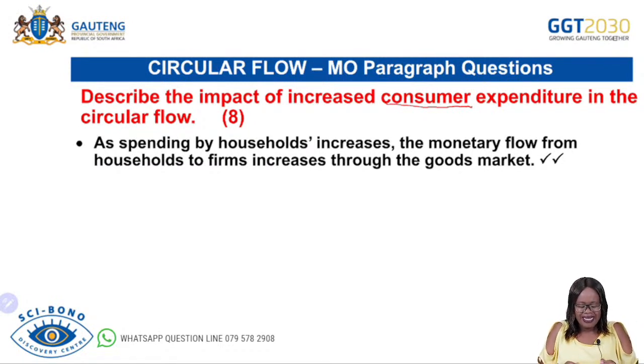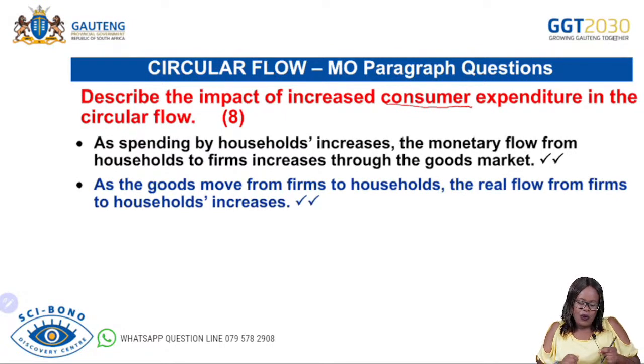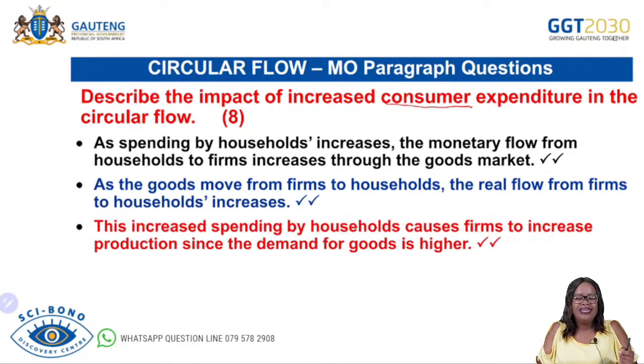Now, as spending by households increases, what happens is that monetary flow is also going to increase to firms through what? Through the goods market. As the goods move from firms to households, the real flow from firms to households is going to increase.